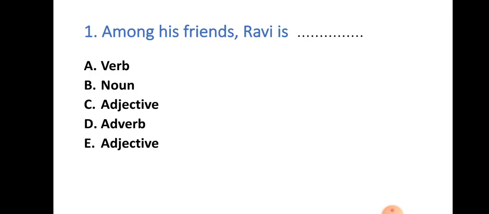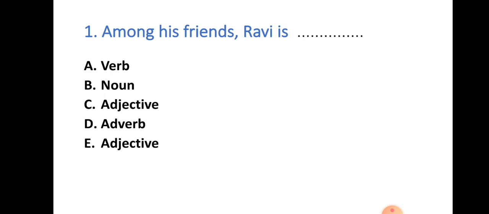Now look at the options. Let's say you have got 5 options. Among his friends, Ravi is blank. Option A is verb, B is noun, C adjective, D adverb and E adjective. We have already decided that we have to use an adjective to fill this blank. So what we can do here is we can eliminate options A, B, D, since their grammatical category is different from what we are searching for.